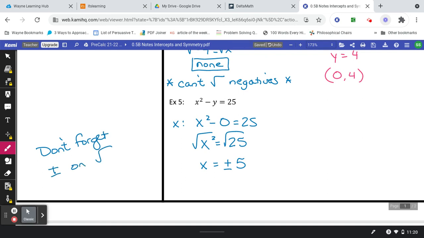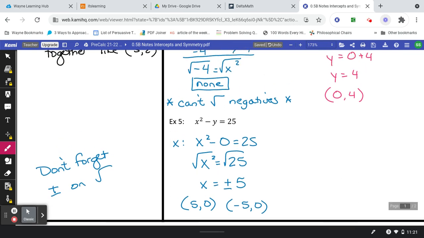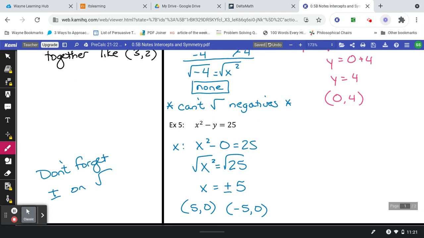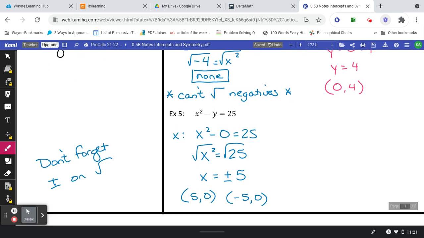So if you wanted to write your answers as two separate numbers, you would have 5, 0, and then you would have negative 5, 0. Don't forget the plus or minus when you square root. We didn't need the plus or minus up here on example number 4 because you couldn't take the square root of negative 4, so no need for a plus or minus sign there.